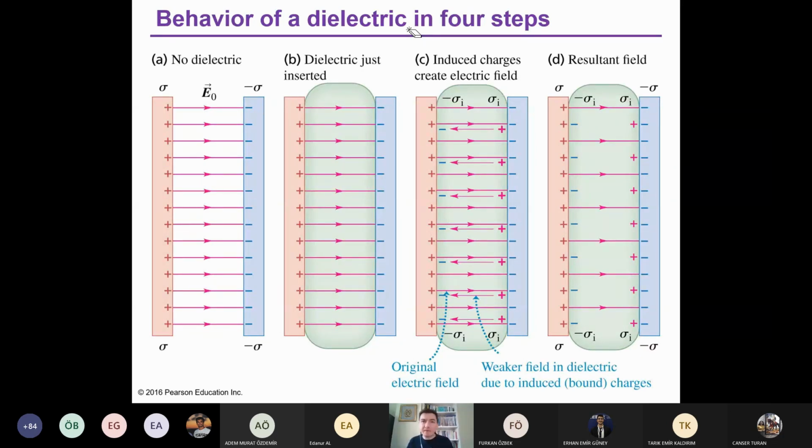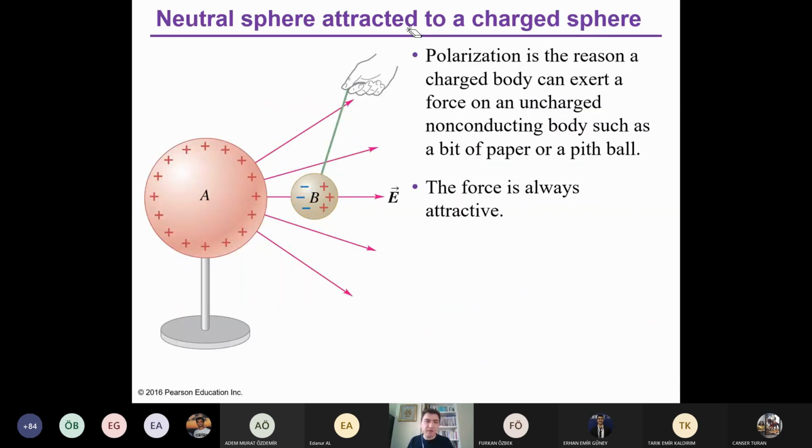We have another example here related to the polarization. Actually, we have discussed this one, but I would like to repeat it here. Neutral sphere attracted to a charged sphere.